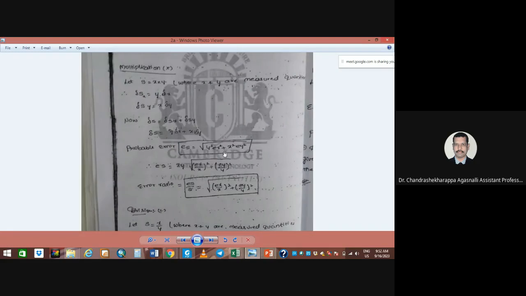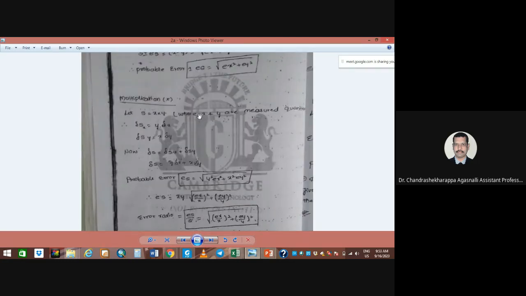Therefore ES is equal to XY times the square root of (EX by X) whole squared plus (EY by Y) whole squared, right? So the error ratio ES by S is equal to the square root of (EX by X) whole square plus (EY by Y) whole square. This is the error ratio for multiplications.